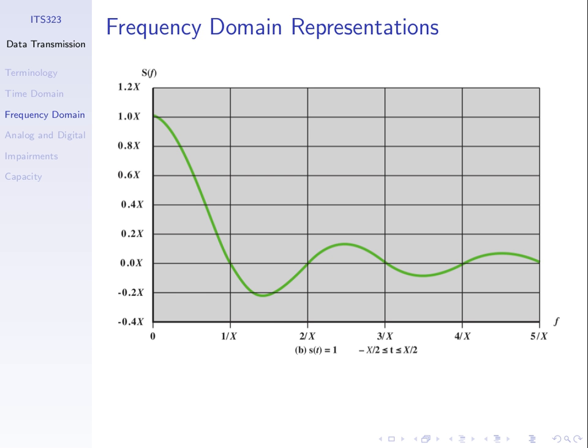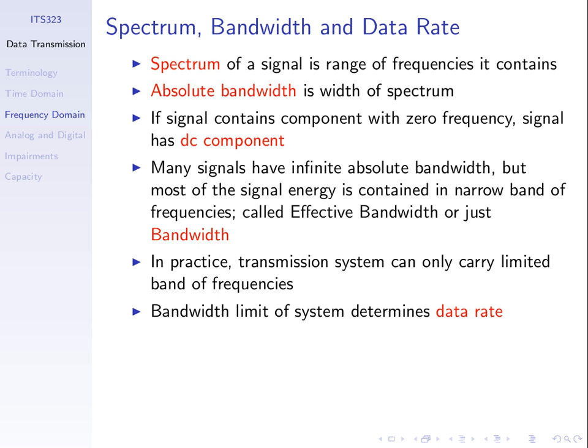And most signals that we deal with do have an infinite absolute bandwidth. The simple ones we consider here have a finite bandwidth, but in practice they look more like this. So most signals have an infinite absolute bandwidth, which is not so good.